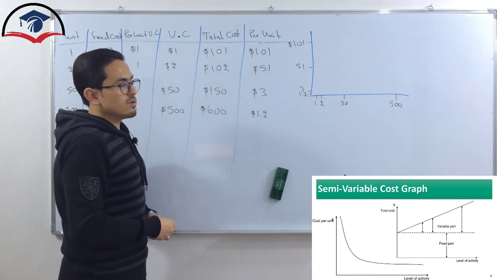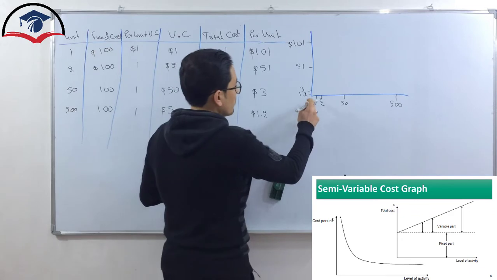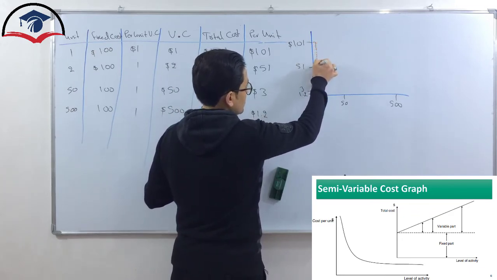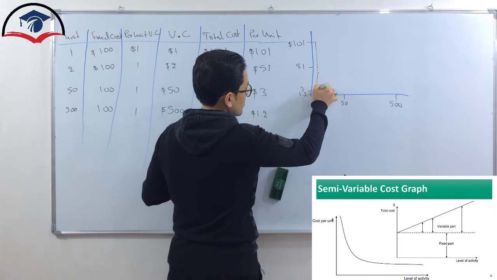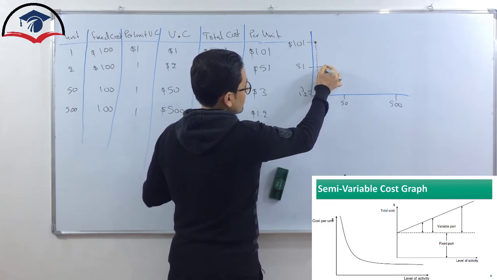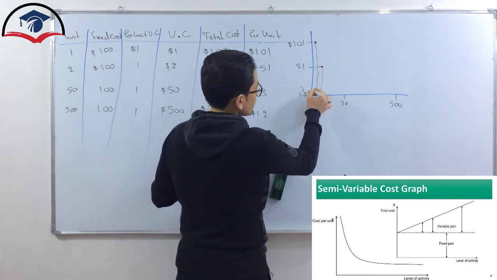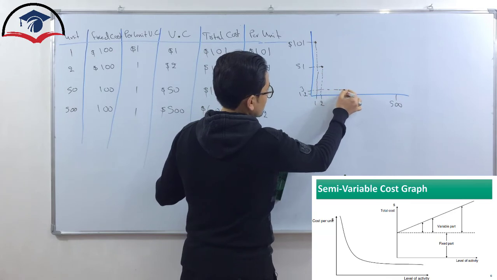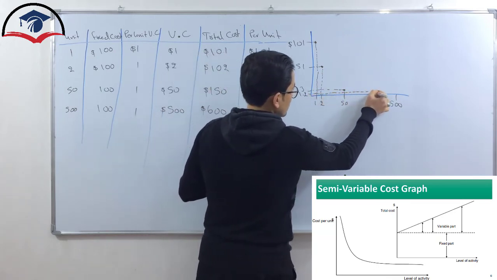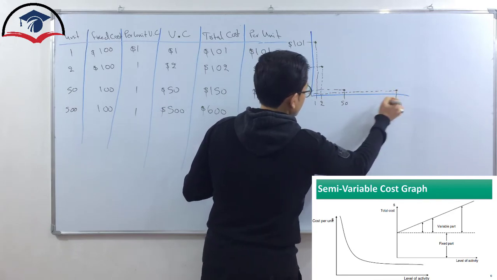So let's draw the lines. For the 1 unit, this was the cost. Here we can come down. For 2, this is the level of cost. For 3, this is the level of cost. And for 1.2, here it is.